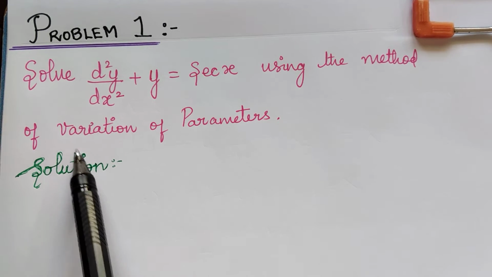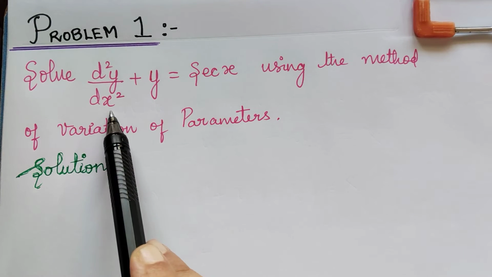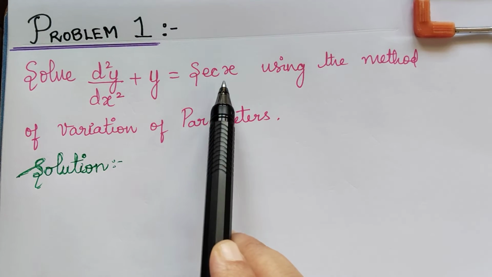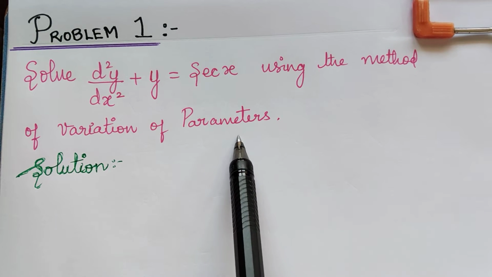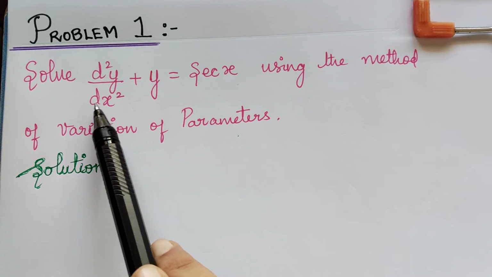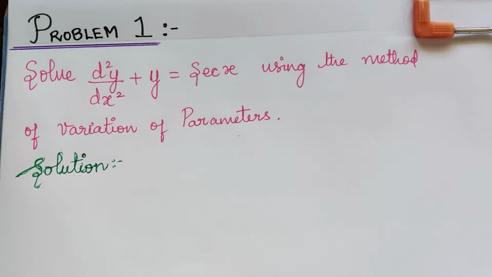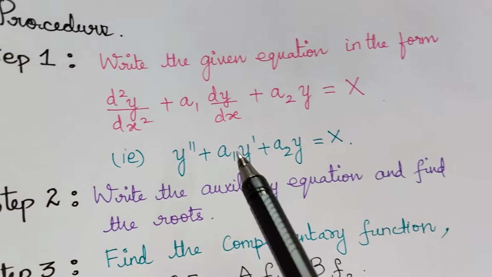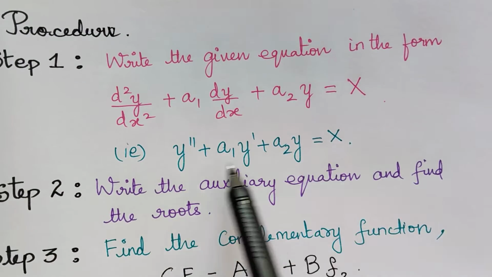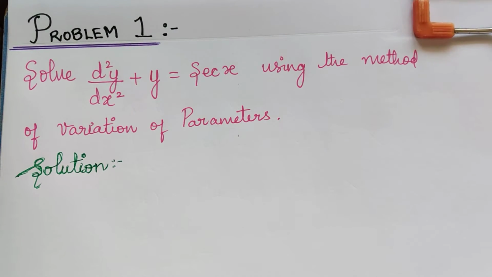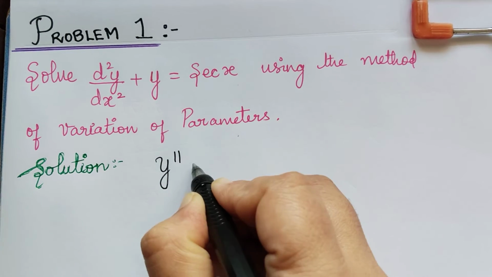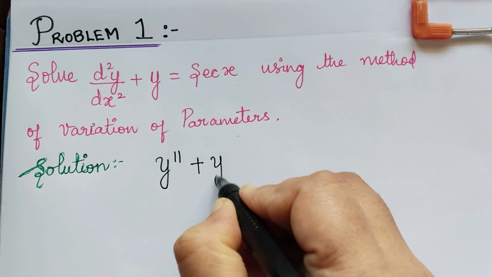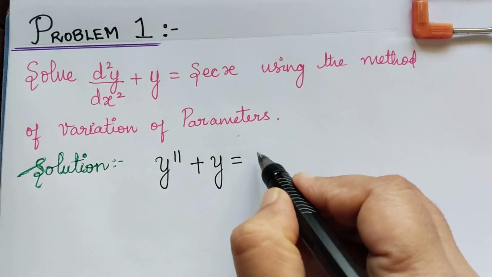Let us solve this equation d square y by dx square plus y equal to secant x using the method of variation of parameters. So what is the first step? Let us write this given equation in the standard form. We will rewrite this equation: d square y by dx square can be written as y double dash, so y double dash plus y is equal to secant x.